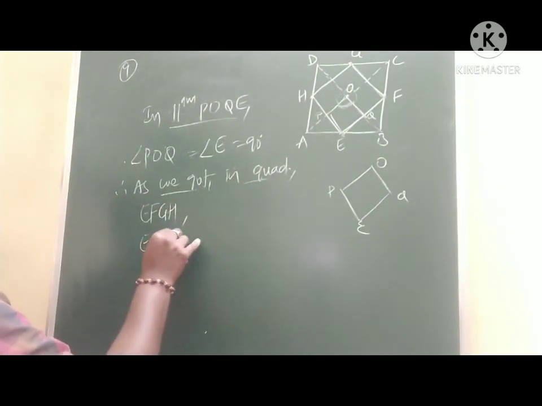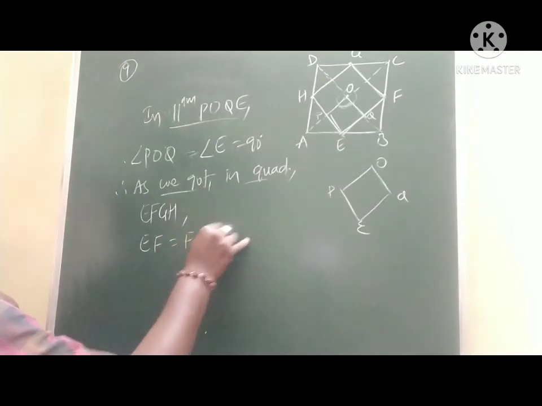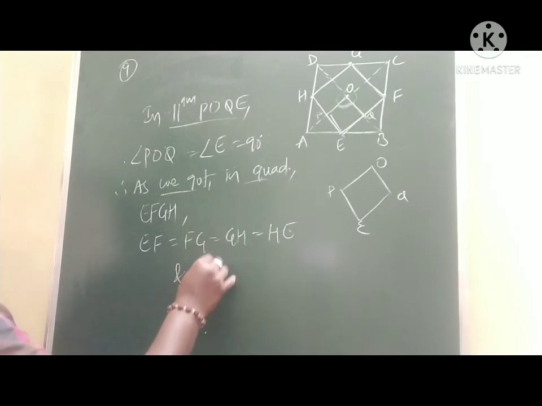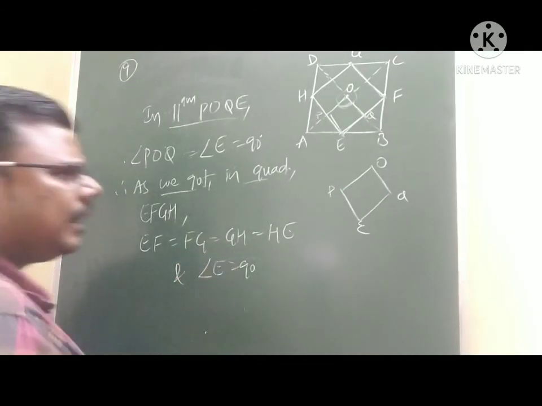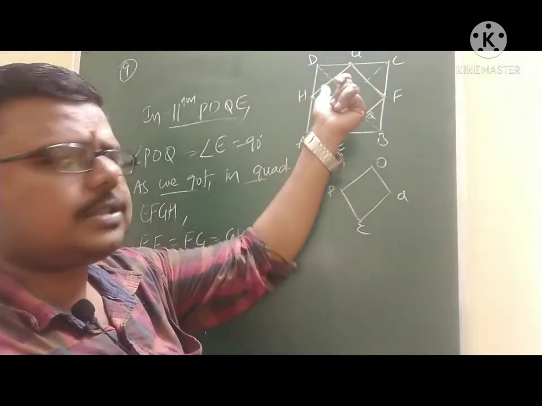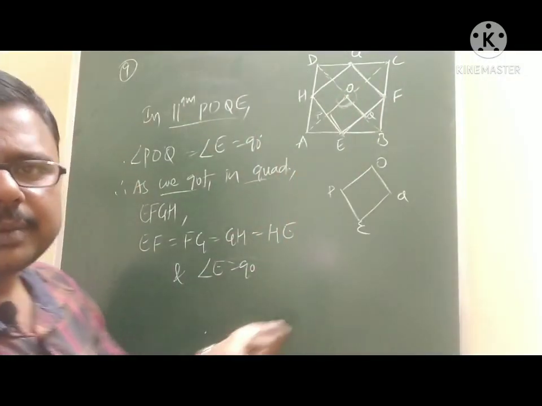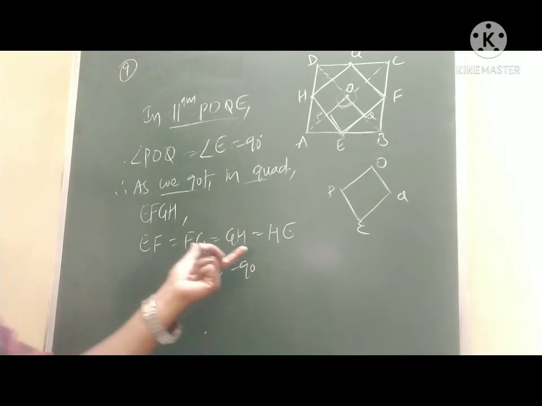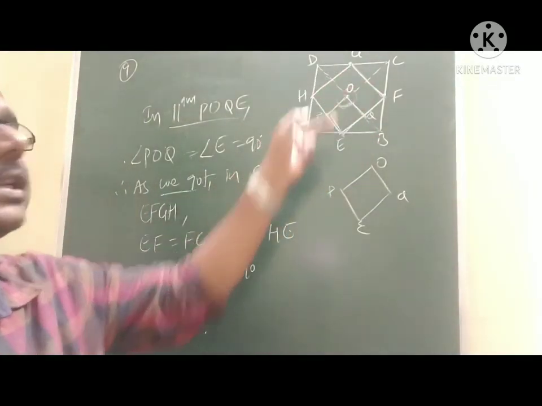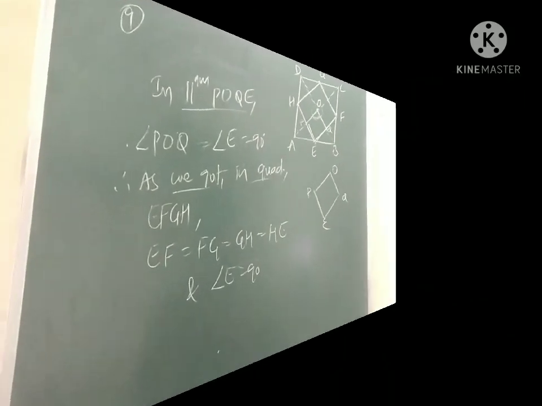EF is equal to FG is equal to GH is equal to HE, and angle E is equal to 90. As we got angle E 90, we'll get F is equal to 90, G is equal to 90, H is equal to 90. Definitely every angle will become 90 degrees. So all the sides are equal and every angle is 90 degrees. Then this EFGH will become a square. Clear?